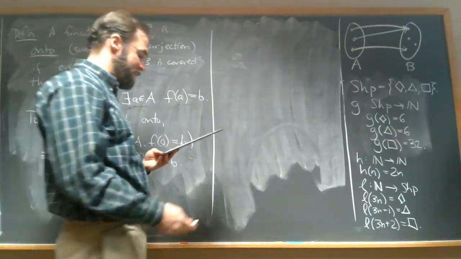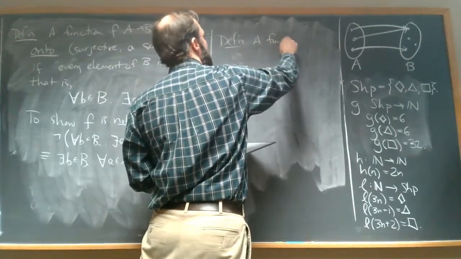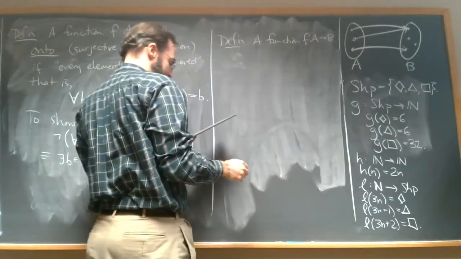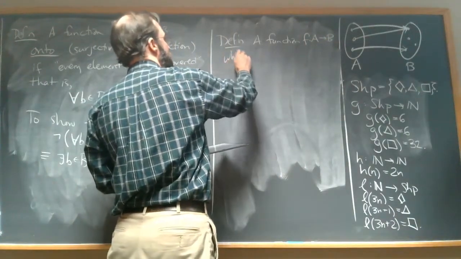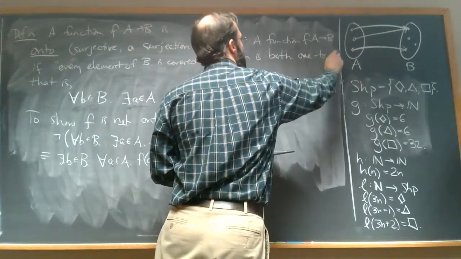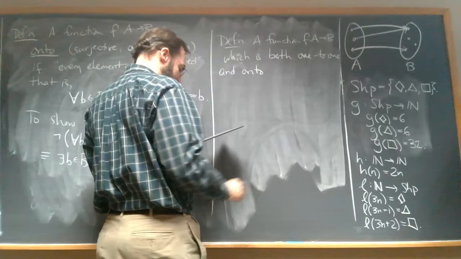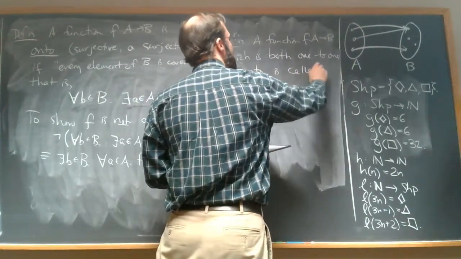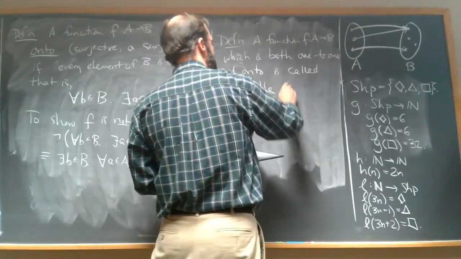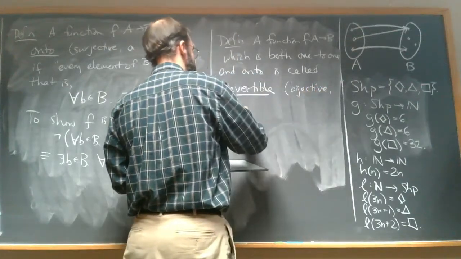So we can now define: a function f from A to B, which is both 1-to-1 and onto, is called invertible. We also call it bijective, or a bijection.